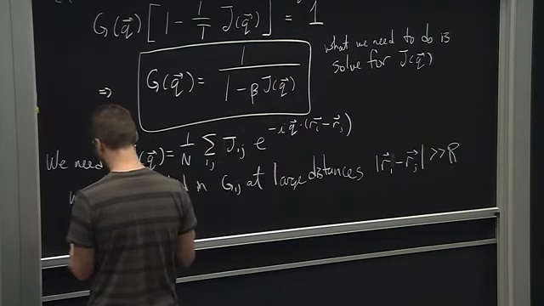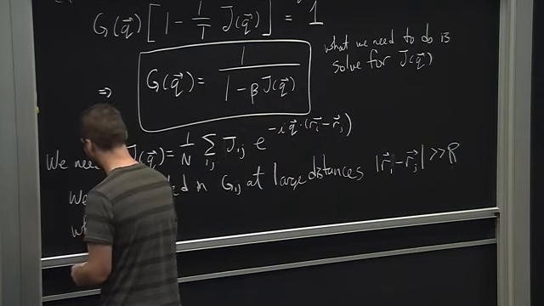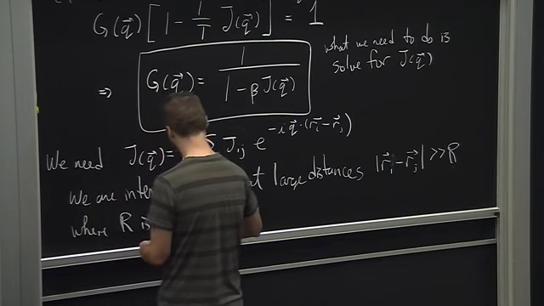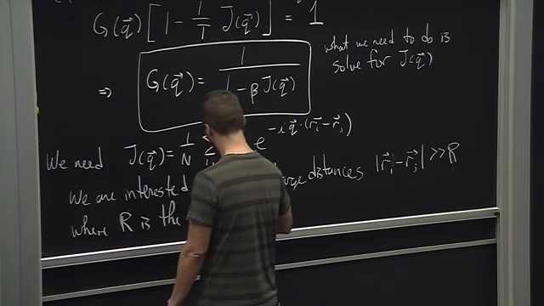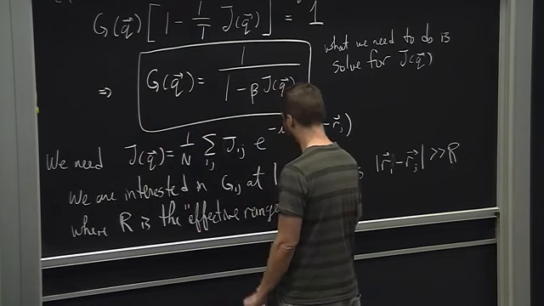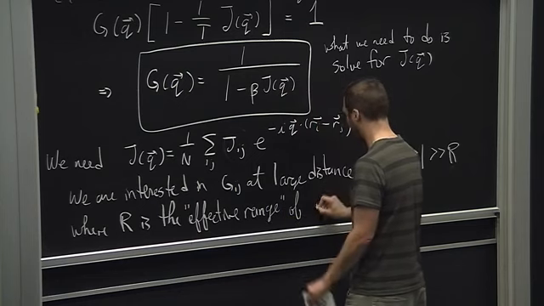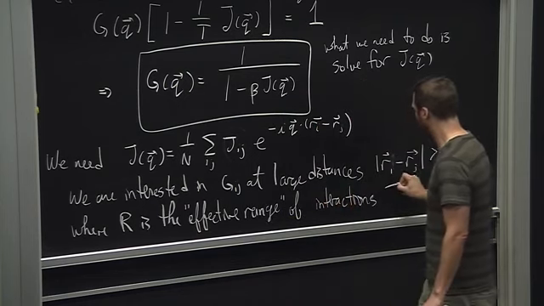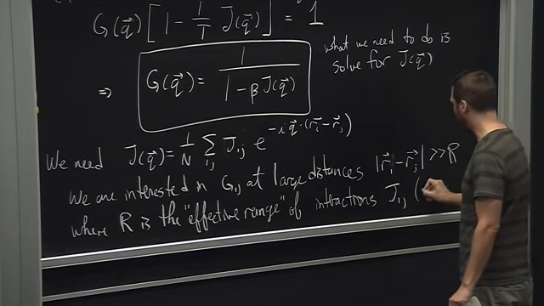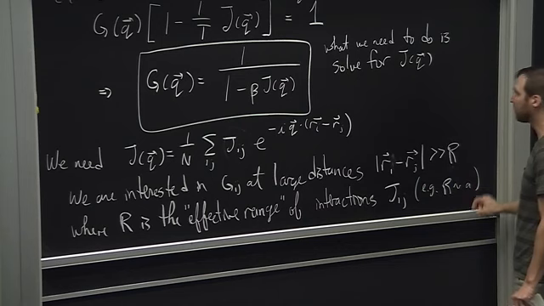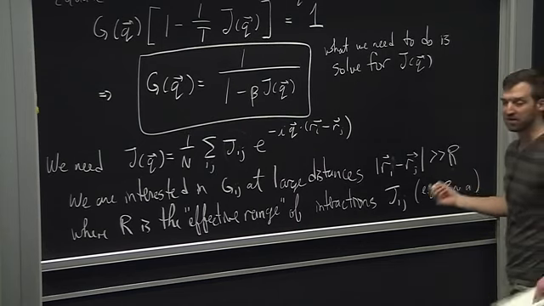It's the range of the interactions. So for example, it could be approximately equal to A, but not necessarily.